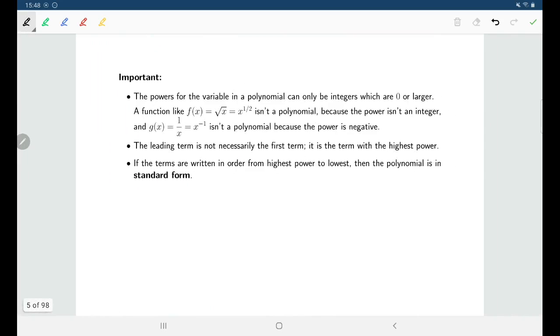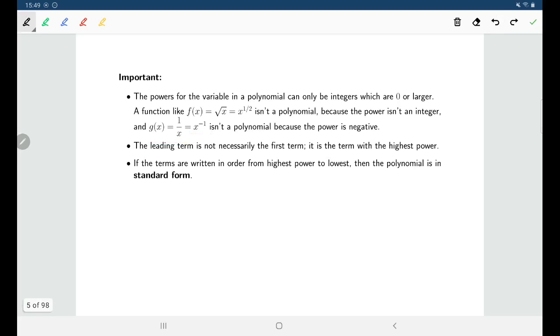So again, the powers of x can only be integer powers that are not negative. If we see a negative power or a fractional power, then what we've got is not a polynomial. So something like f of x being square root of x, not a polynomial. g of x being 1 over x, also not a polynomial because that would be x to a negative power.